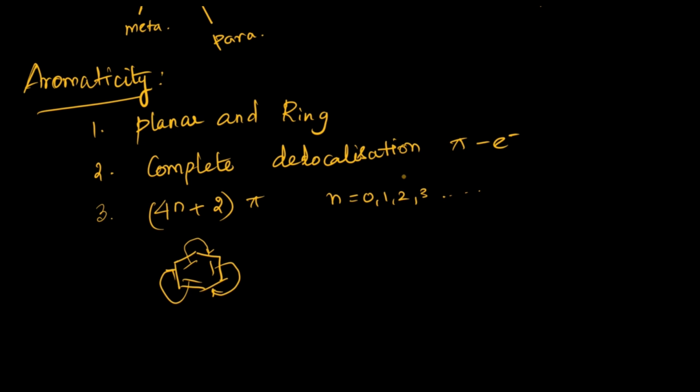Okay, what about the number of pi electrons? Here this is having 6 pi electrons. Will that satisfy the 4n plus 2 pi electron rule? Let's check. If I substitute n is equal to 1, then I'm getting 6. So 6 electrons in benzene satisfies the 4n plus 2 pi electron rule, which is also called Huckel's rule.